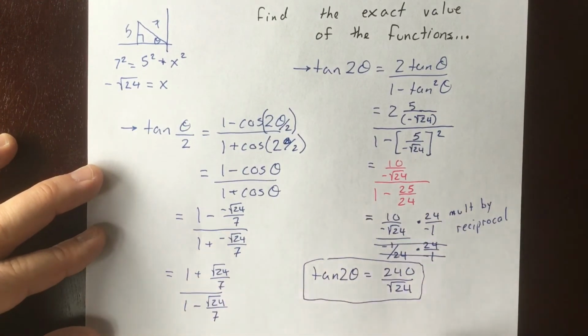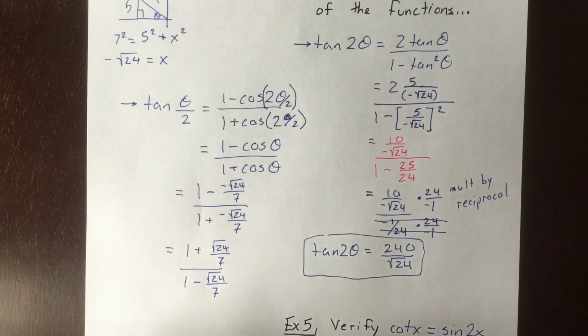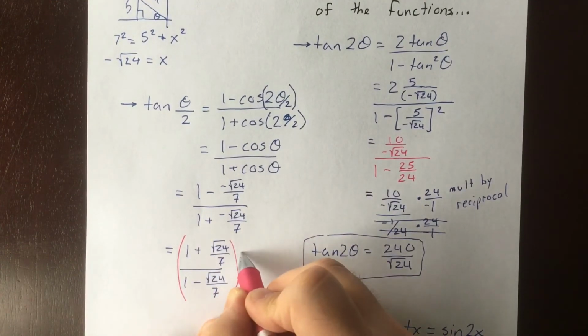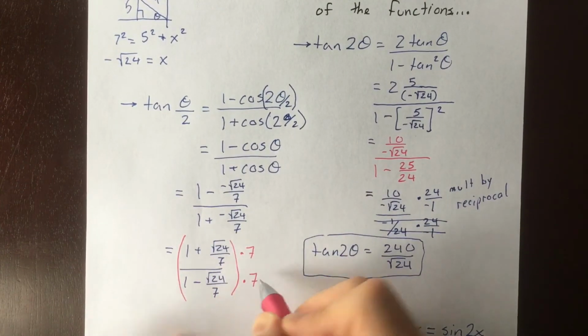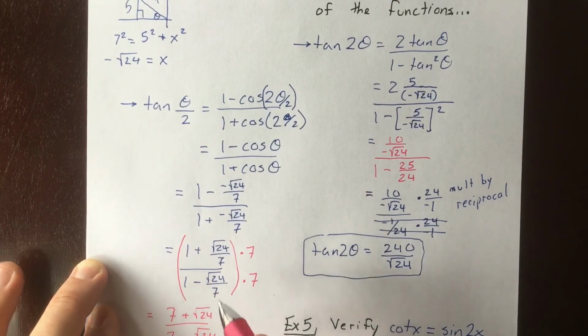And this is a prime example of where I can multiply by 7. So I can multiply top and bottom by 7 to clear our fractions, which leaves us with 7 plus square root of 24, 7 minus square root of 24. And we are going to stop here.